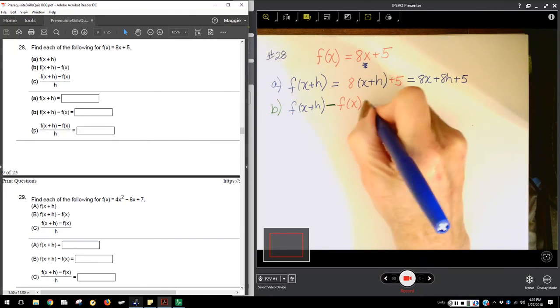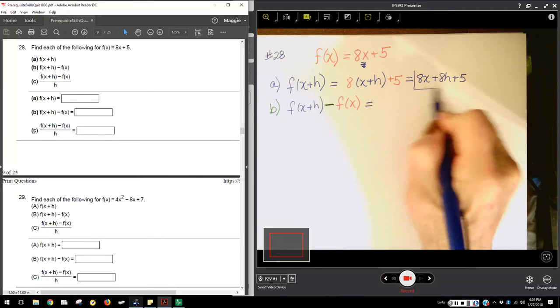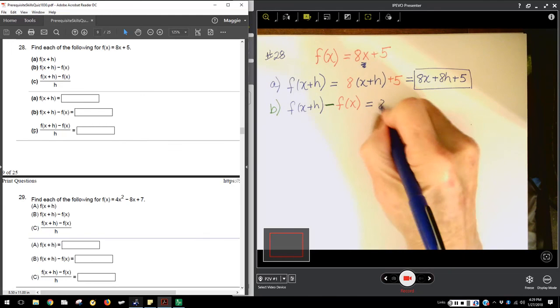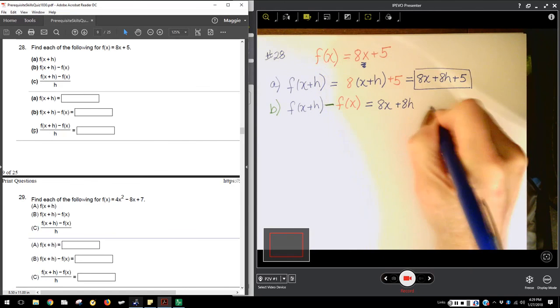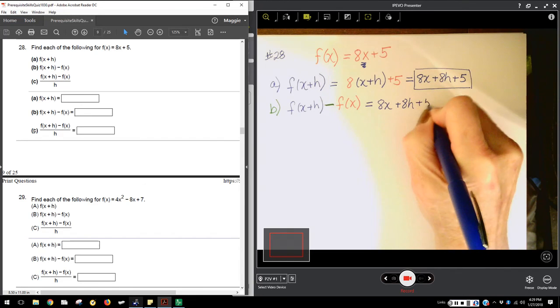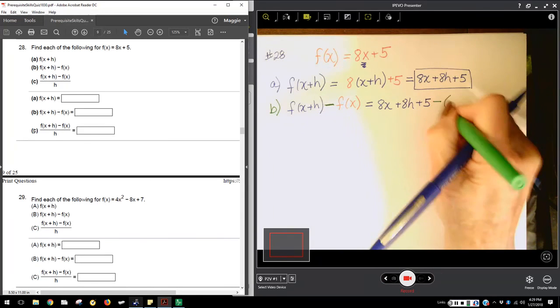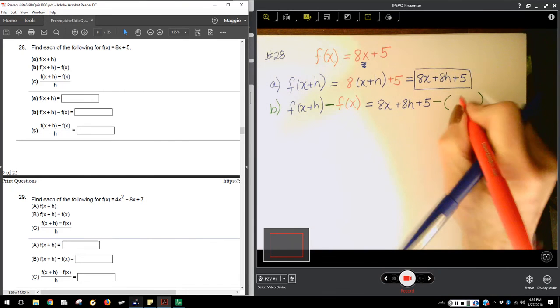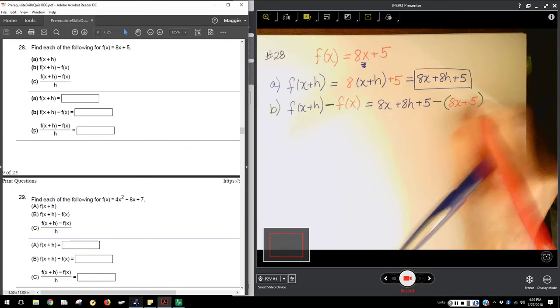So what that means is we're going to take f of x plus h from our last step, and from it we are going to subtract f of x, which is 8x plus 5.